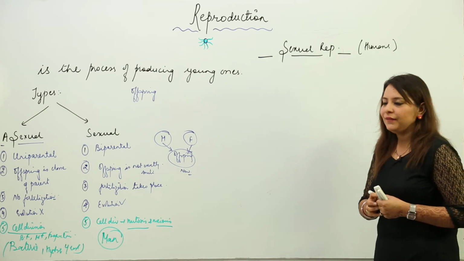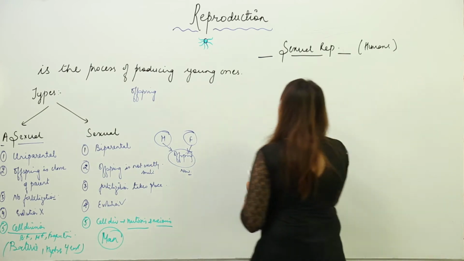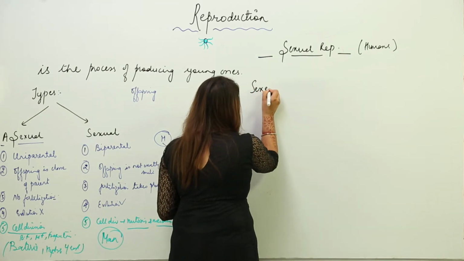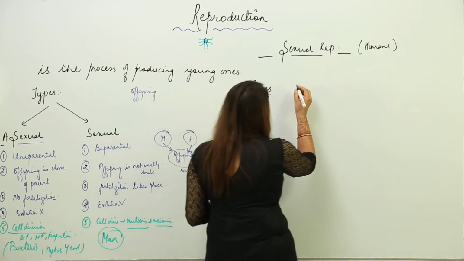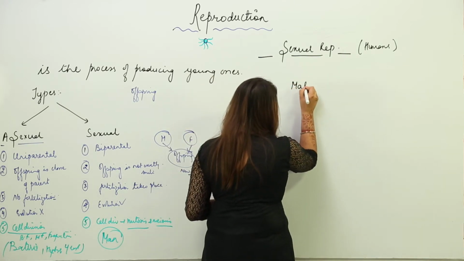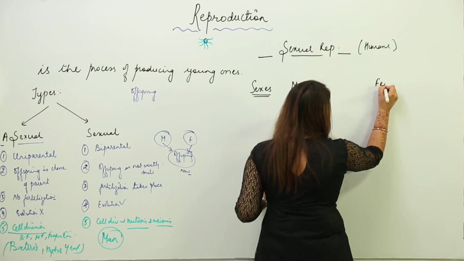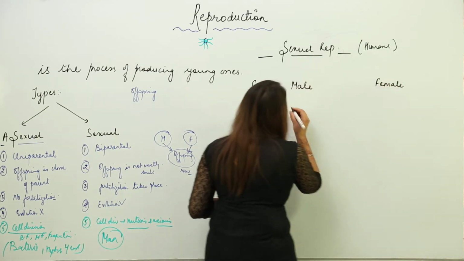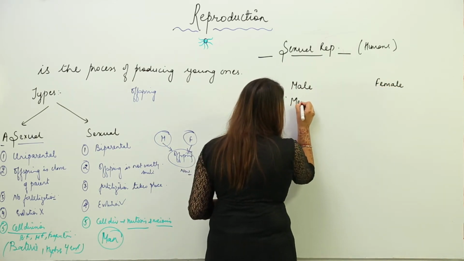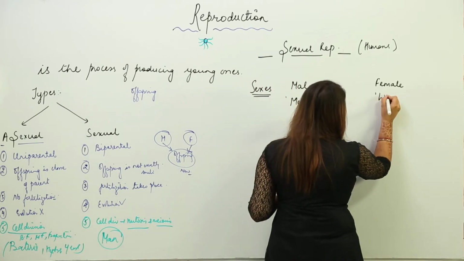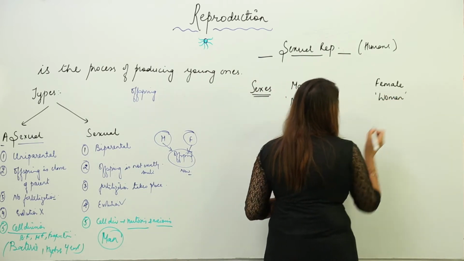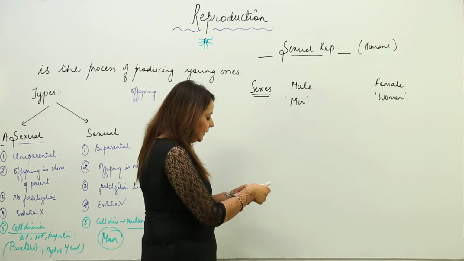We know that we have sexes. We have two sexes, one is male, the other is female. Men are male and women are female.